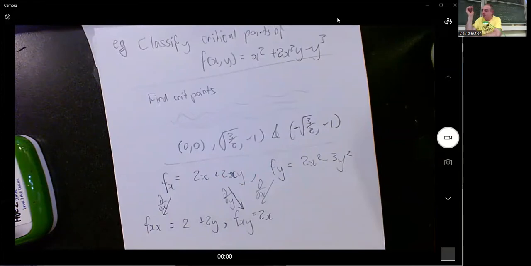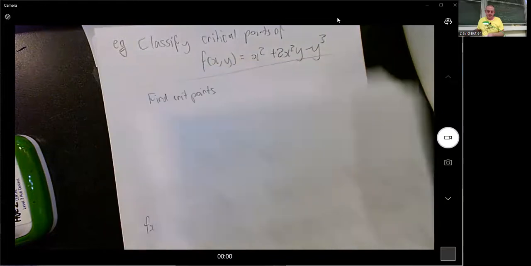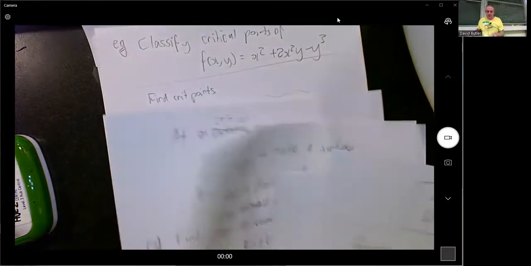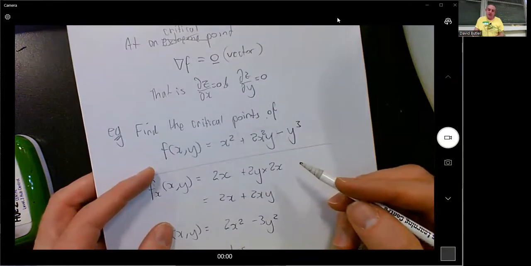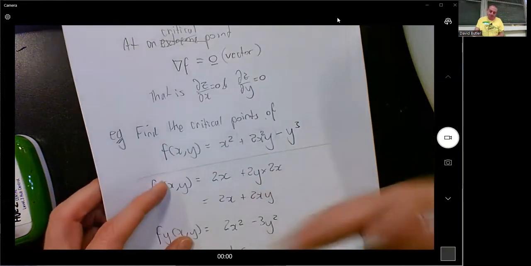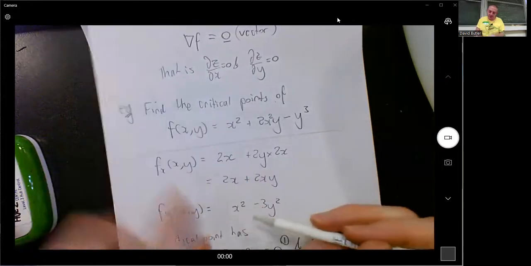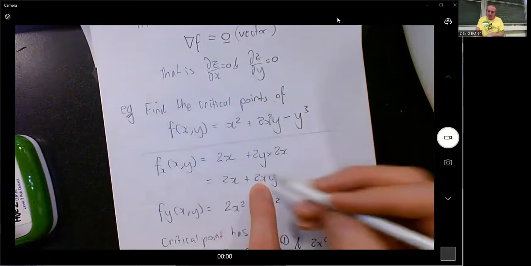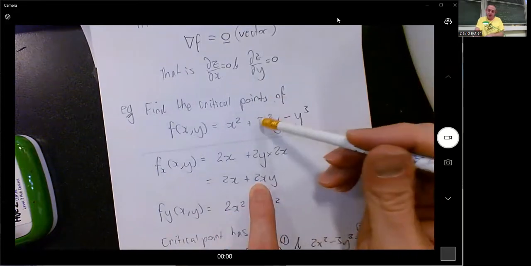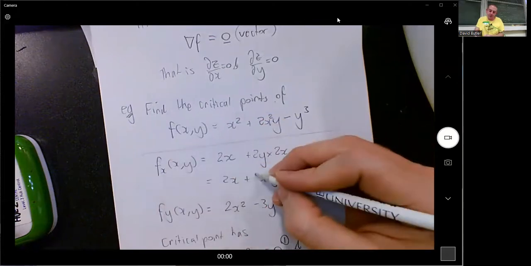Don't tell me I did something wrong like pages ago. Yep. Way back. Oh, that would be a 4x squared, wouldn't it? So here we are back here. We've got a 4x squared just here, isn't it? Yeah, because there was already a 2, wasn't there? 2 times 2 is 4, not 2 times 2 is 2.